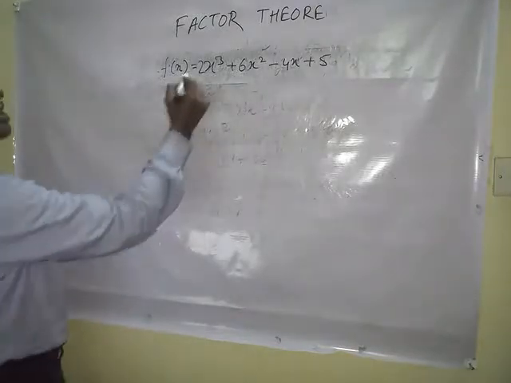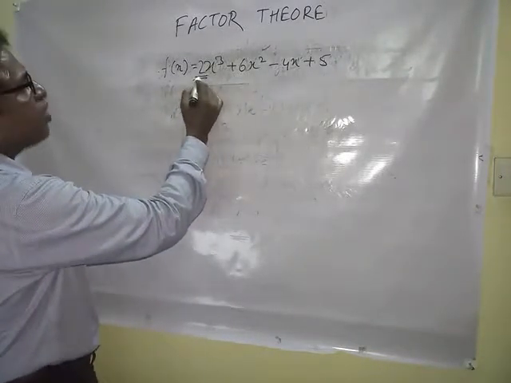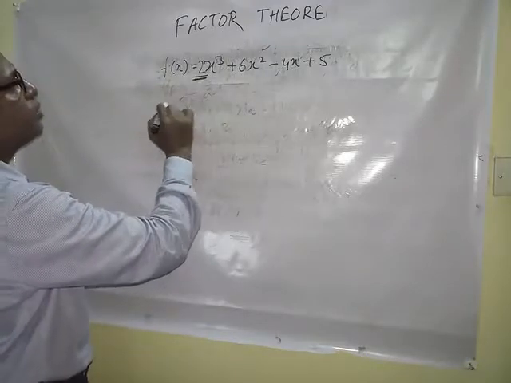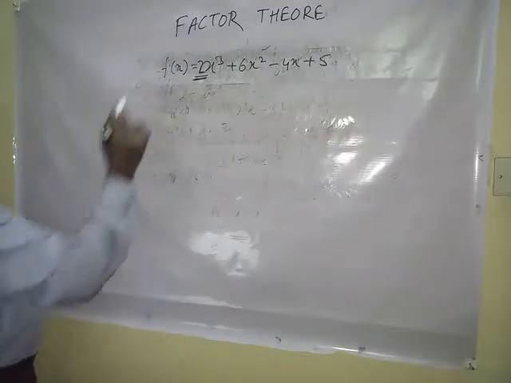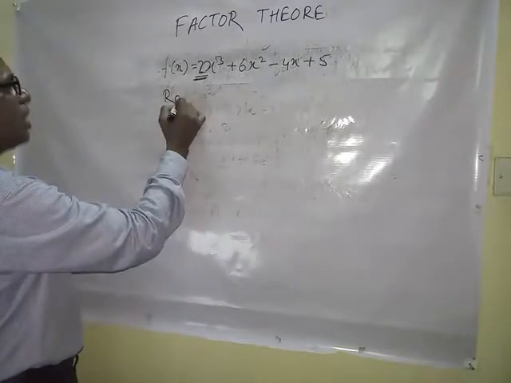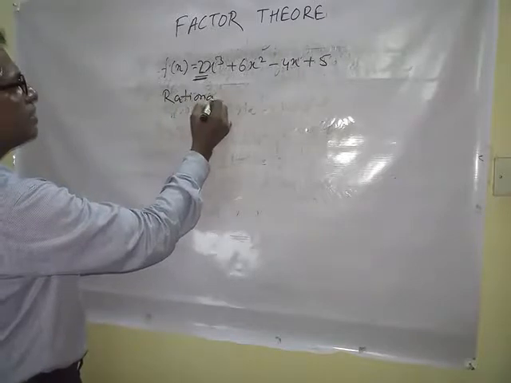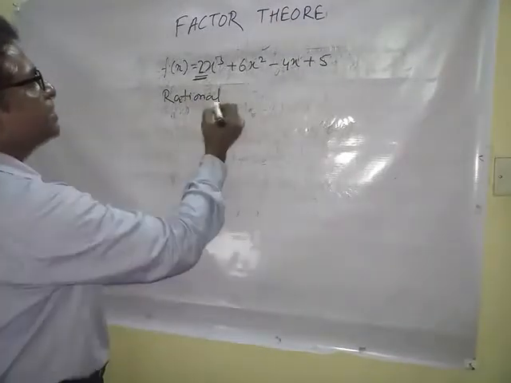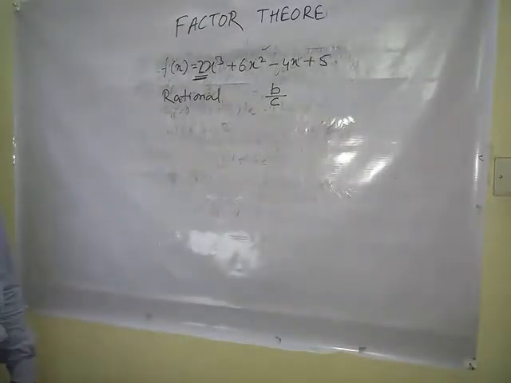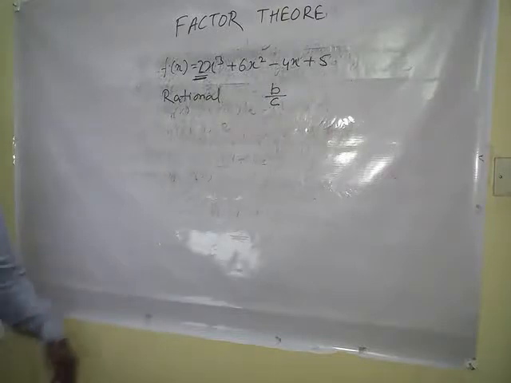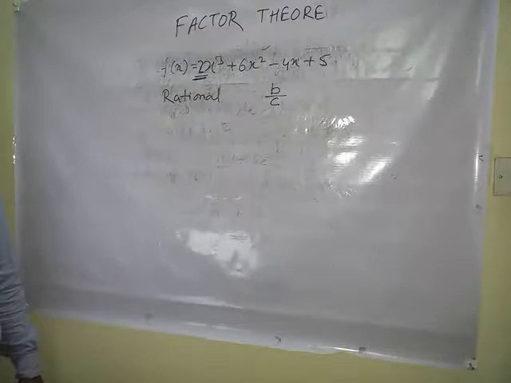If the coefficient of the highest degree of the polynomial is other than 1, then you will apply the rational root theorem. In the rational root theorem, it will be B upon C.